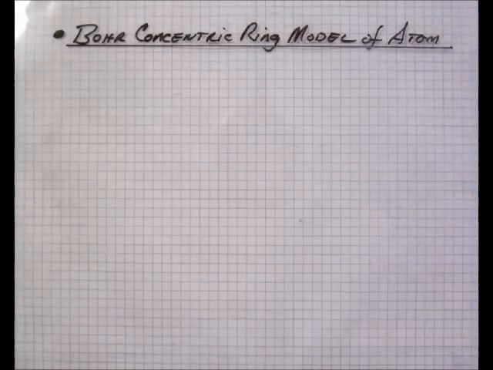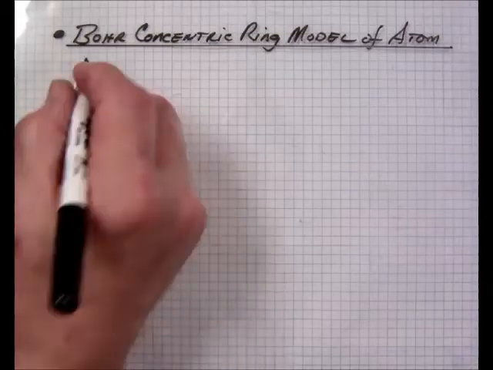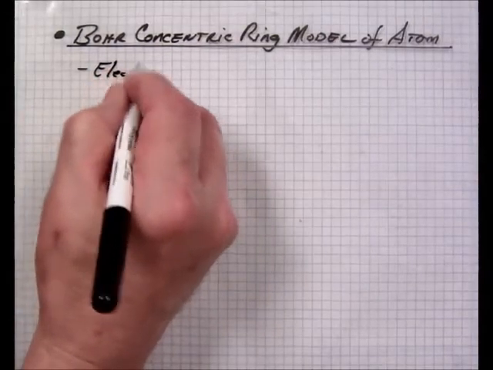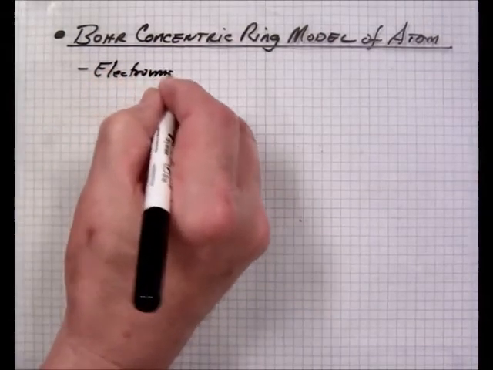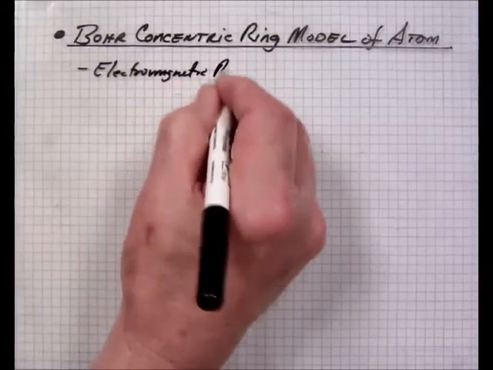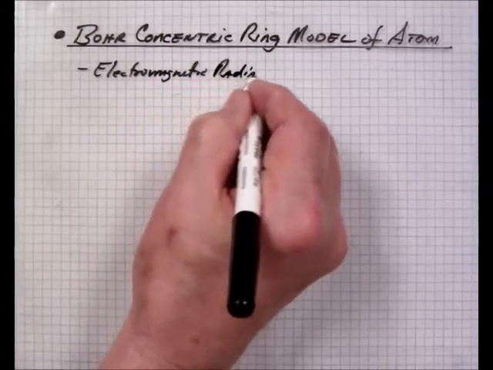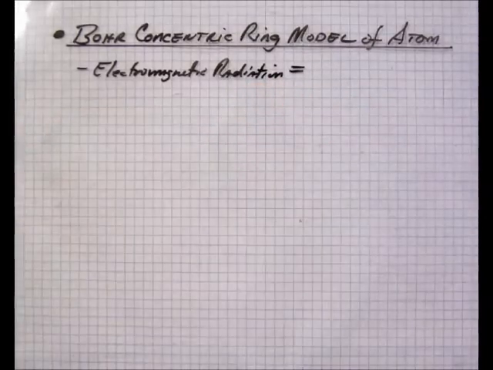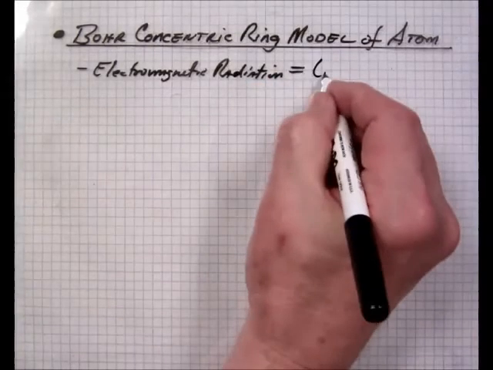Okay, the Bohr concentric ring model requires that you understand a couple of issues here, one of which is electromagnetic radiation. Well, that's nothing more than a big fancy term for light.